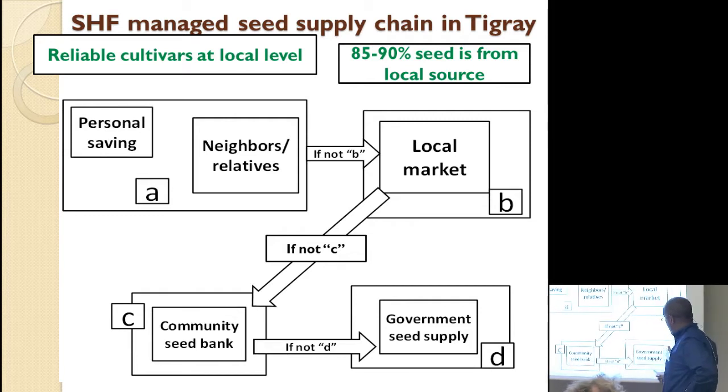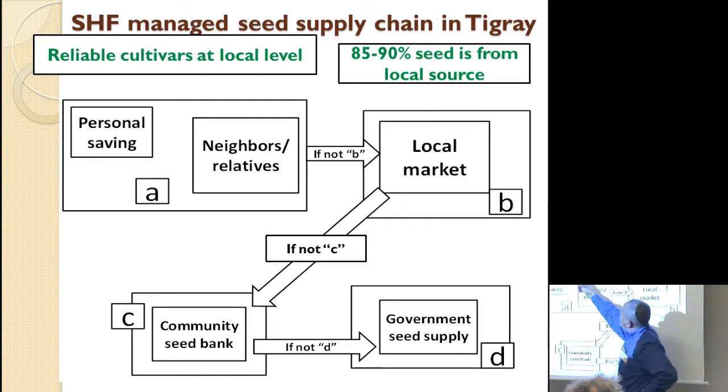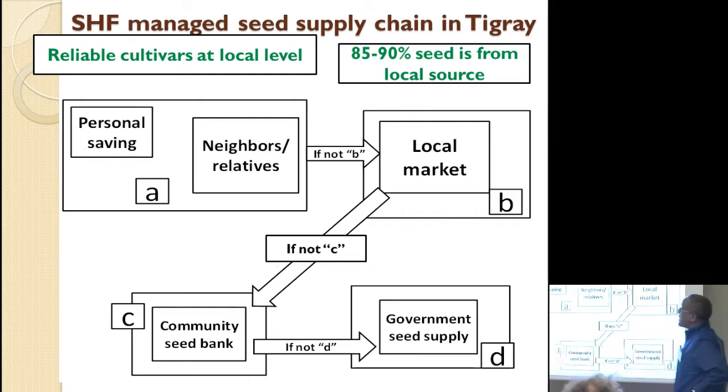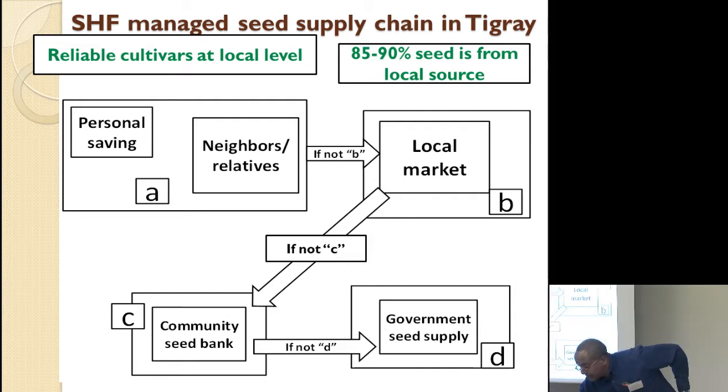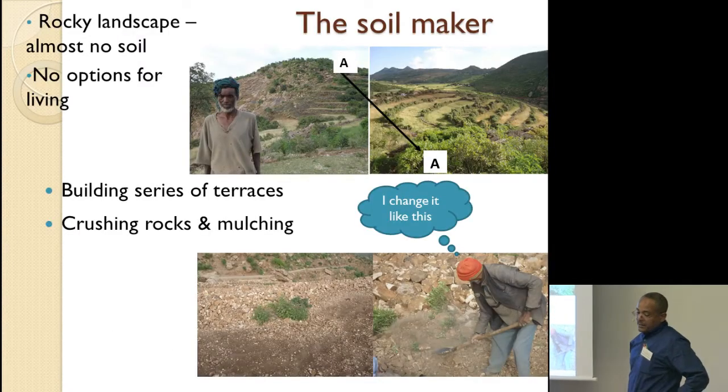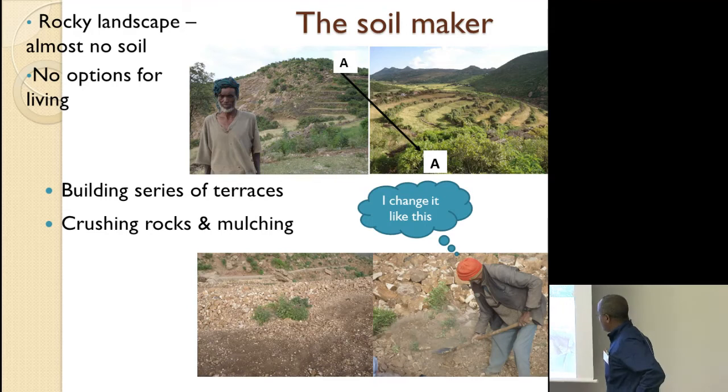Otherwise, it is 85 to 90% reliable cultivars at local level, as biodiversity at family or farming level.